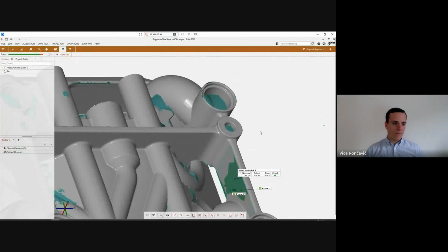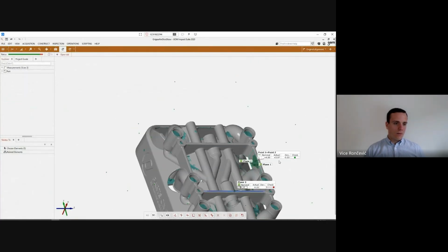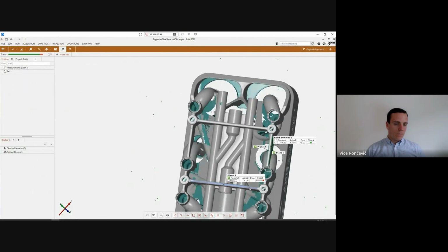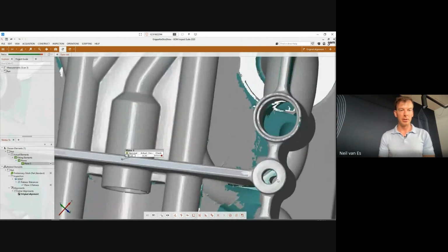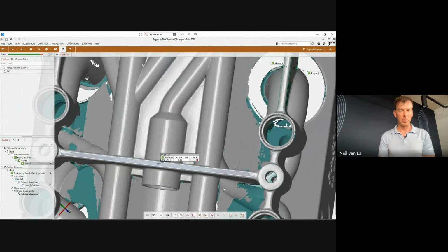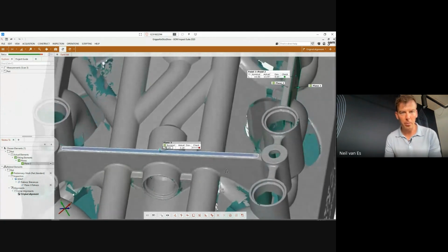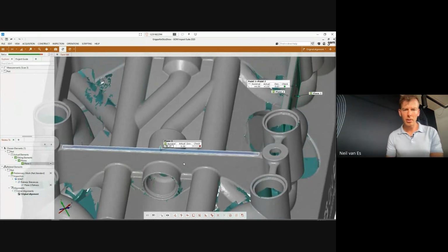The flatness is obviously listed here, so maybe we can go back to the measurement and show the flatness again. That's basically with the Gaussian plane, because then we have a value of 0.2. Exactly.